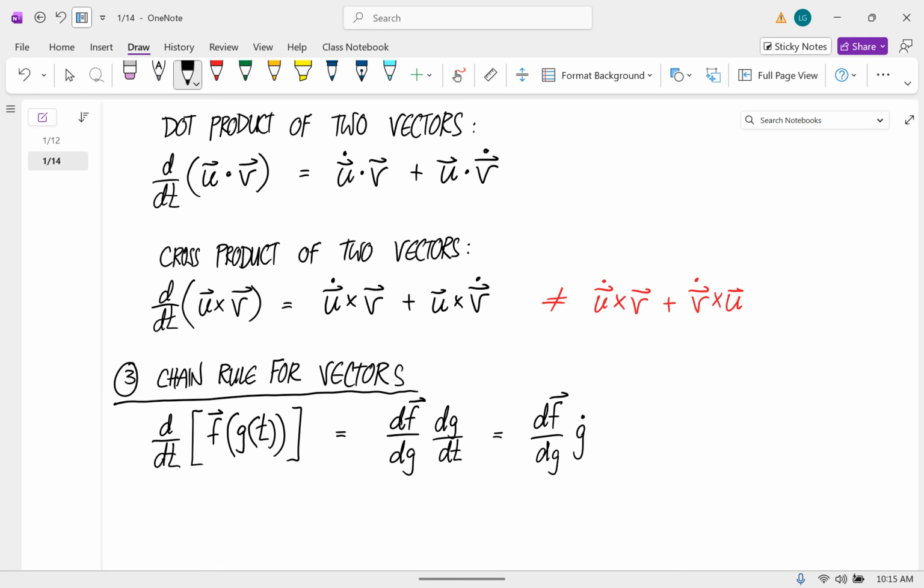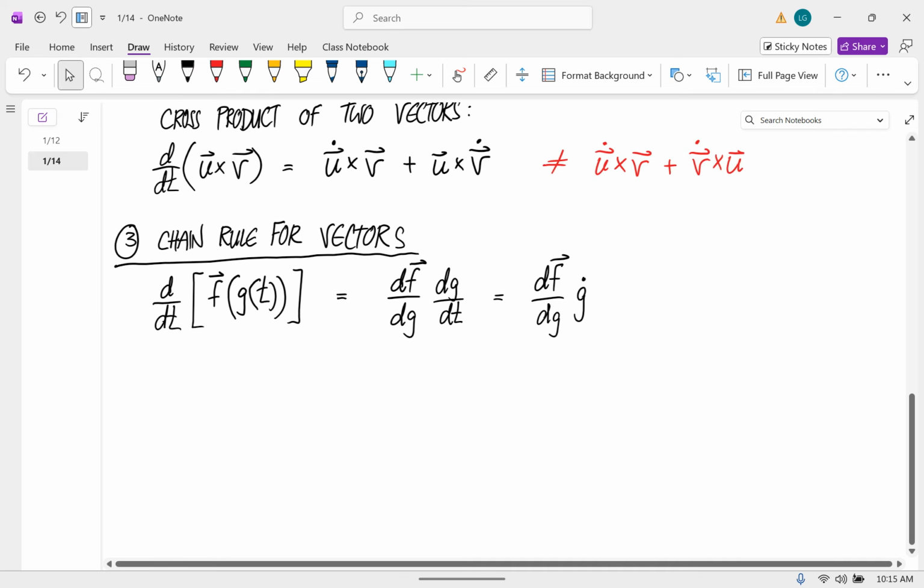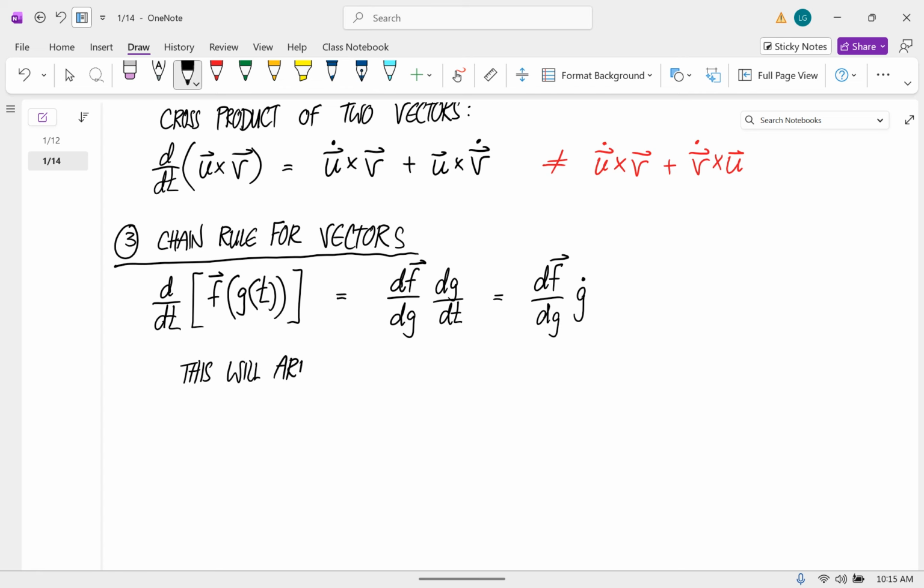And there's really one specific way that this is going to come up often in dynamics. So this will arise in dynamics often like this.